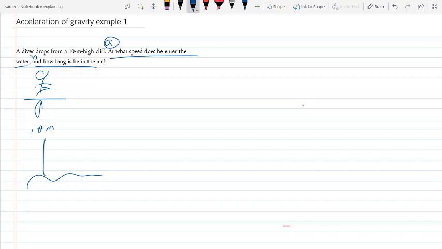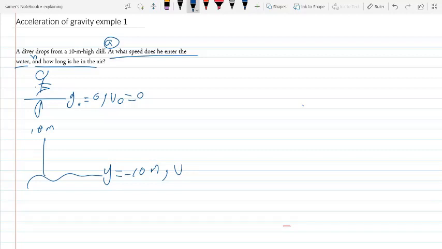Let's see what the conditions are here. We have a diver at a height of 10 meters, so let's suppose that this is y0, which is 0, and v0 of course is 0. This is the speed at which the diver drops, and we have here y equals minus 10 meters, because the displacement here is directed downward, and the velocity or speed is v, and we need to find v.